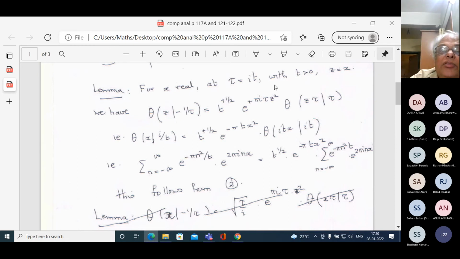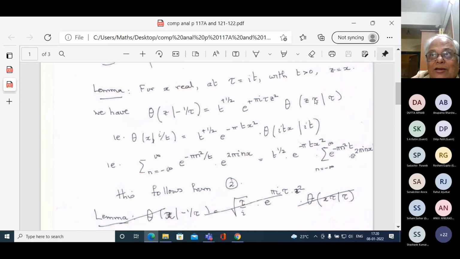Now, I proved this for tau equal to it. So you fix your z, and you look at analyticity in tau. What I'm saying is that these two functions are the same along the positive y-axis, but as functions of tau, both these functions are analytic.